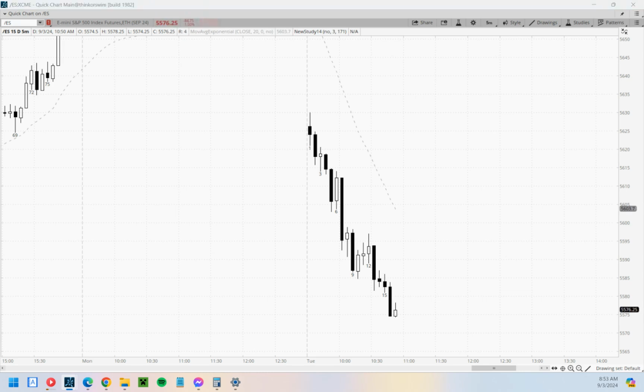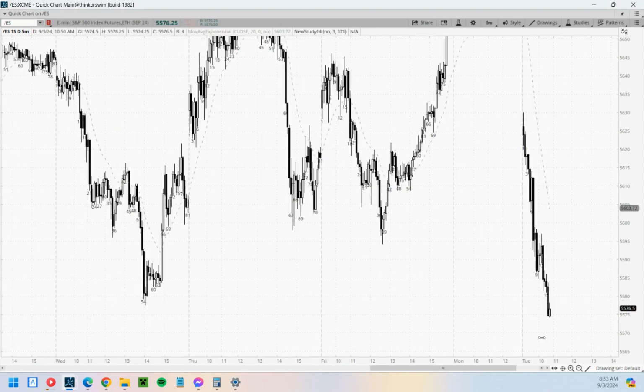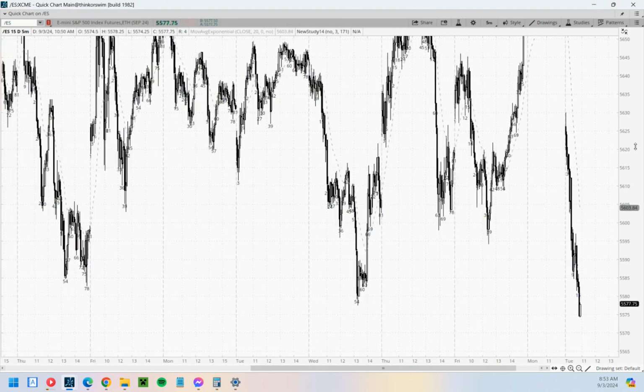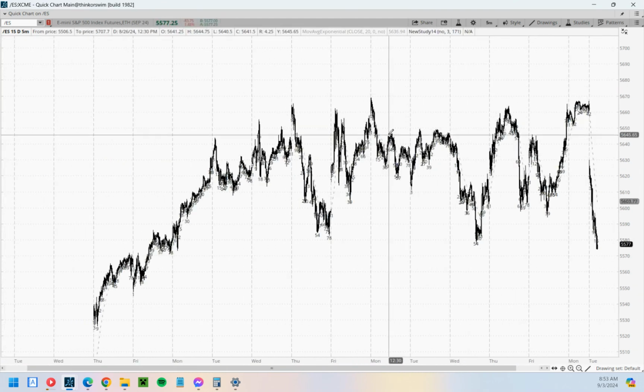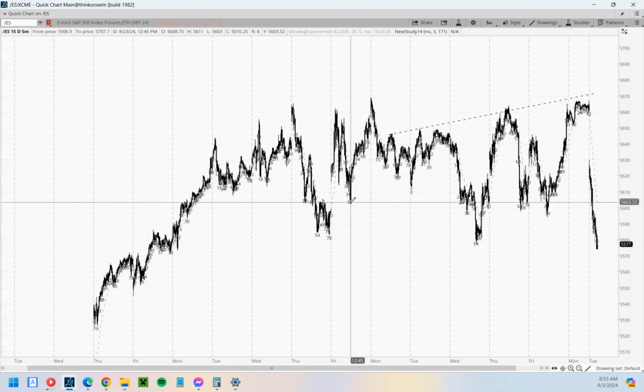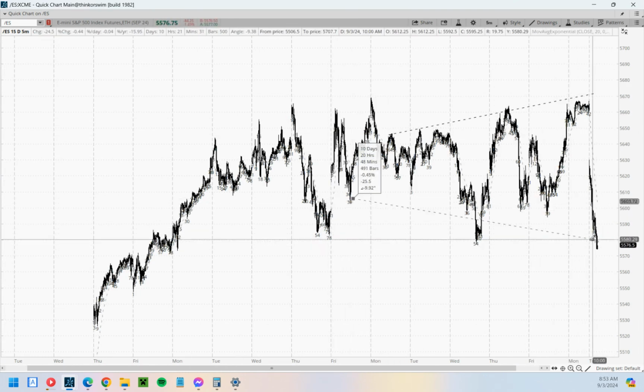Just trying to zoom out a little bit, think about bigger patterns. Zoomed out on my other chart. You know, maybe one thing to look at, you just zoom out, some sort of expanding triangle, something like this. That's possible.